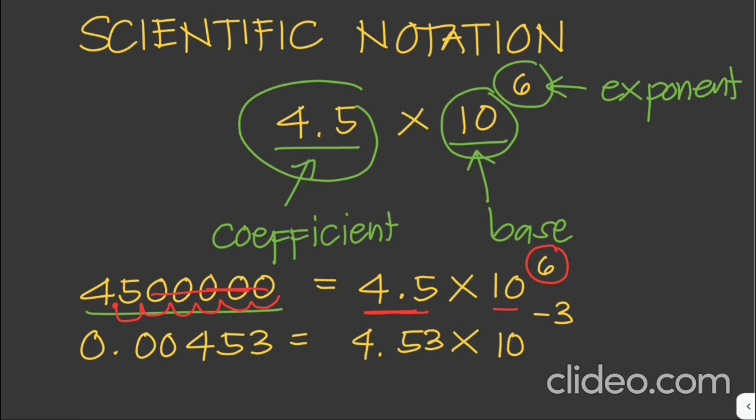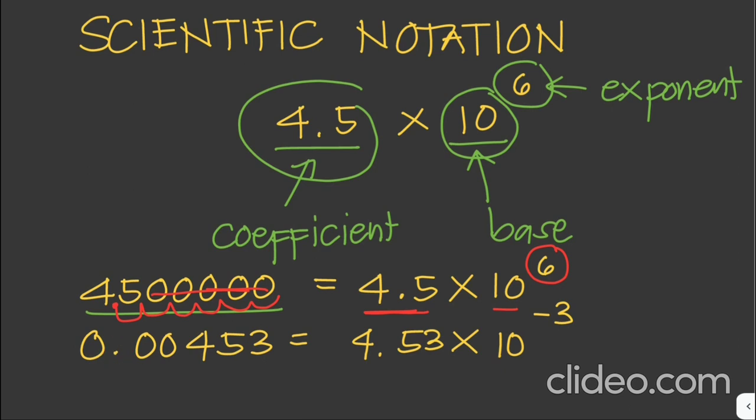And how about if the shift is to the right? If we move our decimal point to the right, the algebraic sign of our exponent would be negative. The same thing, we count how many times we move the decimal point, but the exponent of our base should be negative. So for example, this problem here is 0.00453. We have our decimal point here.